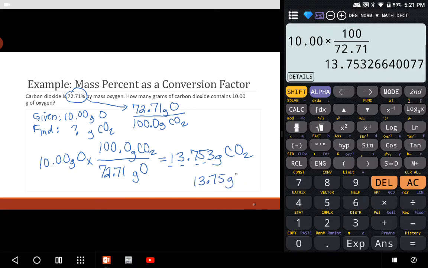13.75 grams of CO2. So just as a conceptual double check, the mass of the whole compound should be more than the mass of the individual component. Or in other words, the mass of a component should be less than the mass of the total.